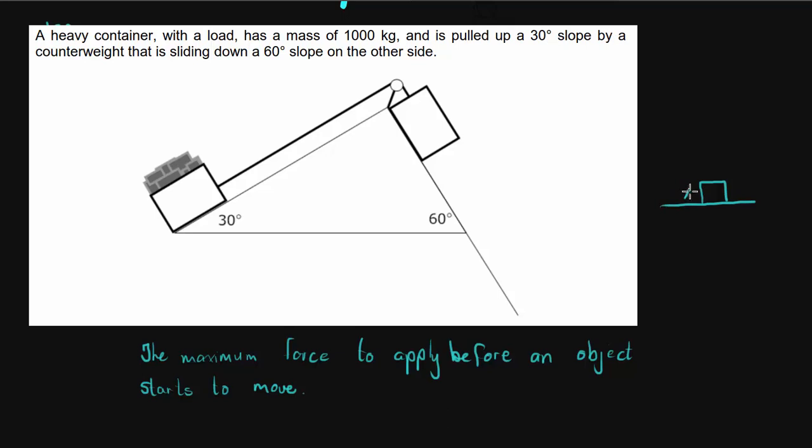So the moment I start pushing on this thing, now it's experiencing friction, because now there's an incentive to move. There's something that is trying to move it, but it's not moving. What is causing it not to move? Well, it's friction. Now the maximum force that I have to apply before it starts moving, that's called static friction. But I'm not going to reteach the theory.